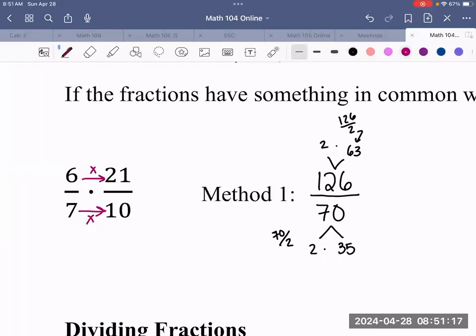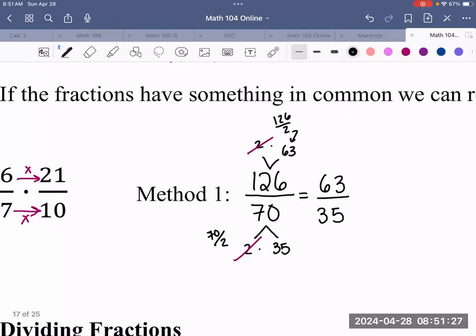So we can cancel out these 2's because they have that in common. Then we can keep going. 63 over 35. Now, do 63 and 35 have something in common? Well, they're not even, and since 63 does not end in a 5, they don't have a 5 in common, but they do have kind of an unusual number. They both have a 7 in common. 7 times 5 gives you 35, and 7 times 9 gives you 63.